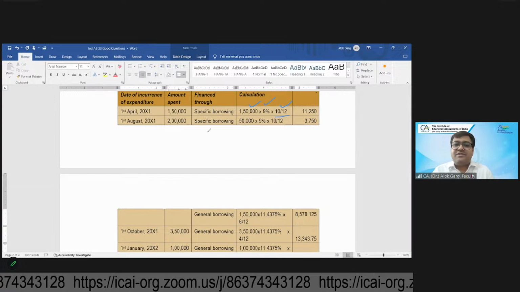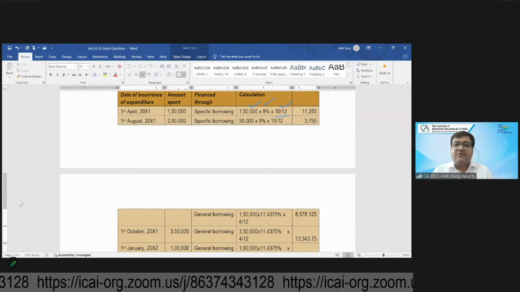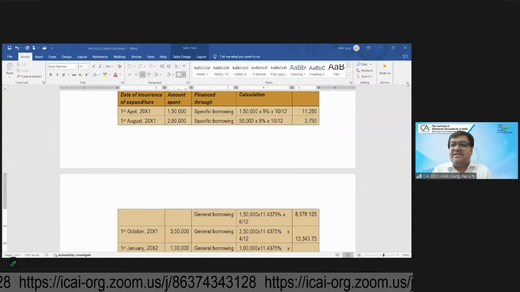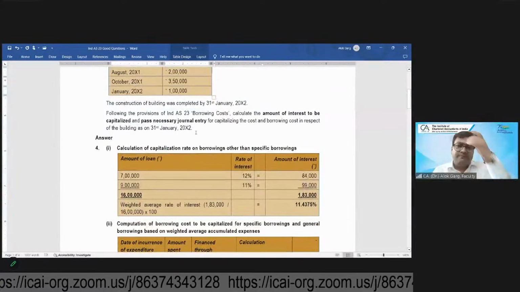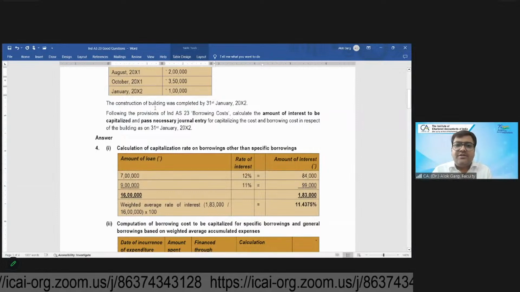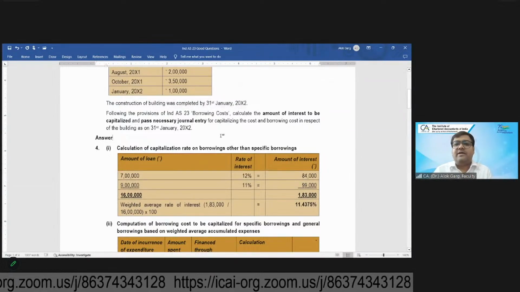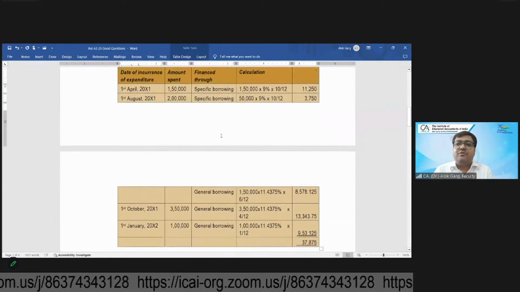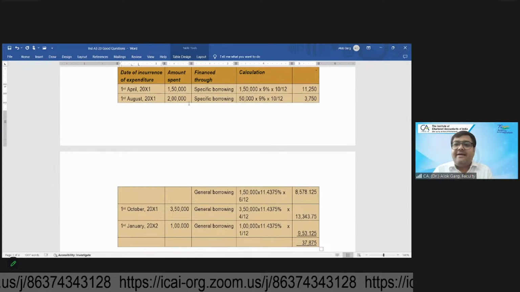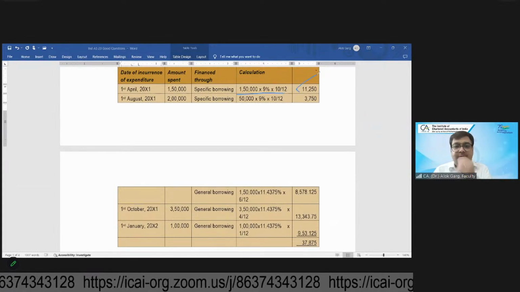If you see in the question, it is given that the asset is available for use on 31st January 20x2. The construction of the building was completed by 31st January 20x2. Correct? 1st April to 31st January 20x2. It comes to 1,50,000 multiplied by 9% multiplied by 10 by 12.